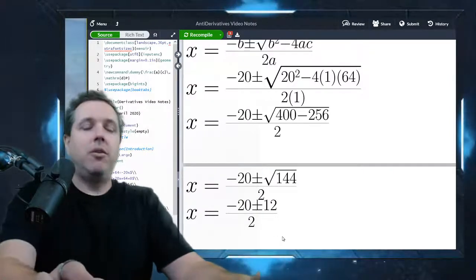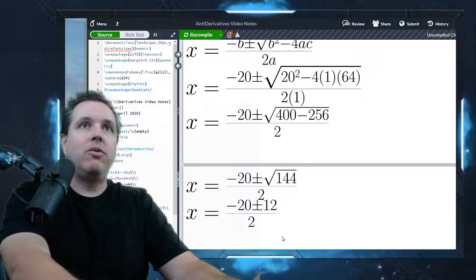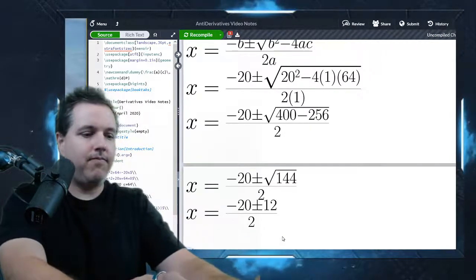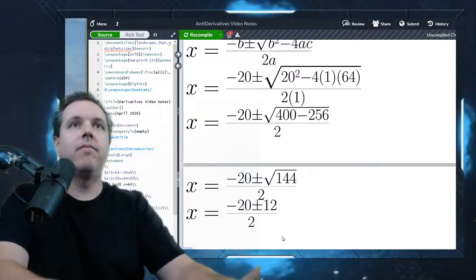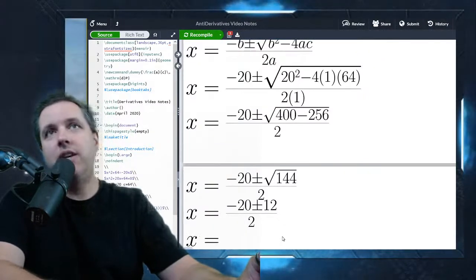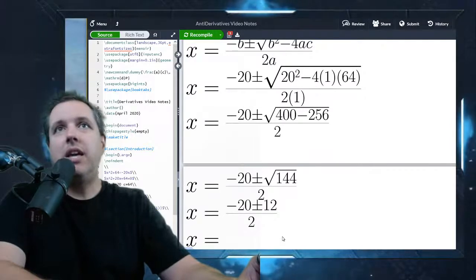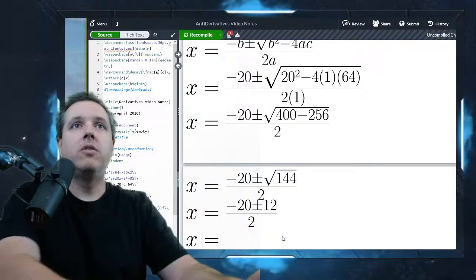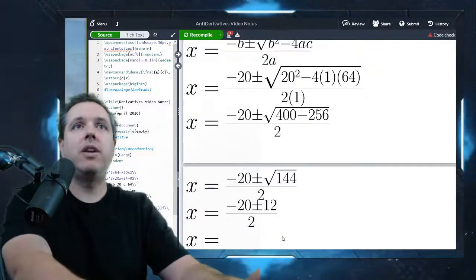So let's see, what's this going to be? This means that x equals, okay, so negative 20 plus 12 is going to be negative 8. Negative 8 over 2 will be negative 4. So not even a fraction. That one just came out nice.